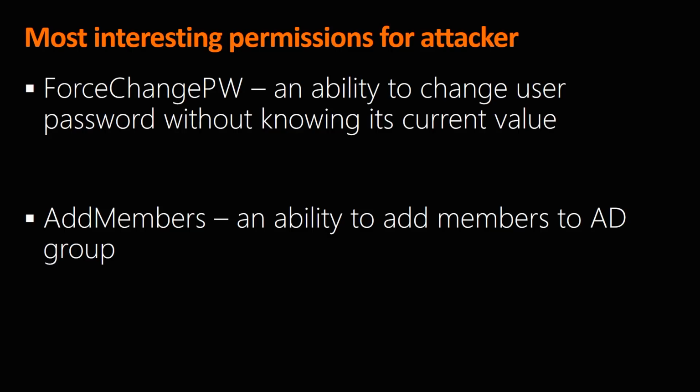Force change password: this gives me the ability to change a user's password without knowing its current value. So this is a password reset. Add members: this is the ability to add members to an Active Directory group. And obviously, if the group is privileged, like Domain Admins, for instance, then it's pretty straightforward to win.